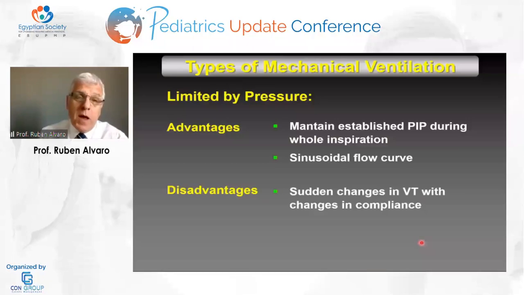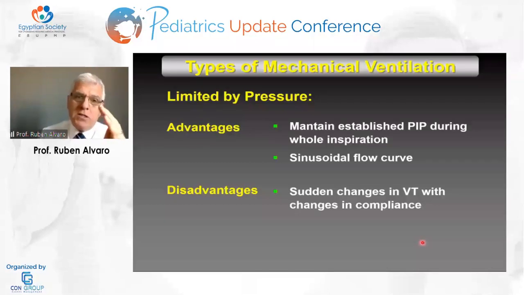So if your compliance gets significantly worse, now with the same pressure you're going to get significantly less volume. If all of a sudden you give surfactant and your compliance improves significantly, with the same pressure you're going to deliver a significantly higher tidal volume and you're going to cause volume trauma.